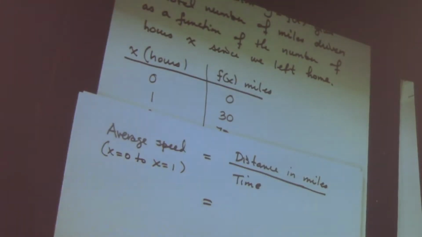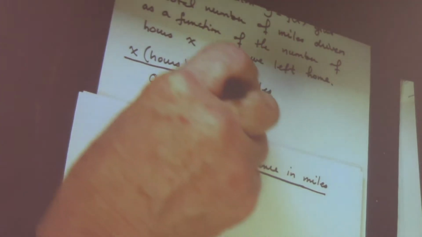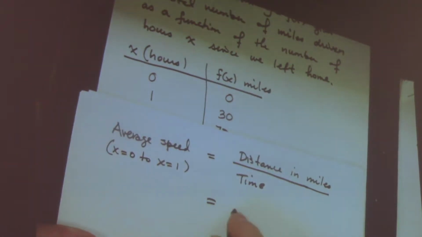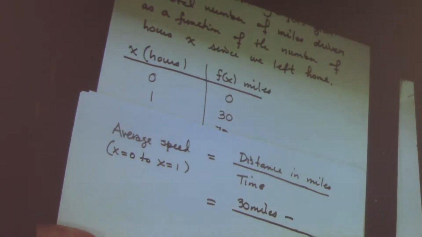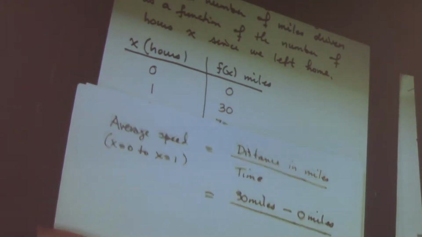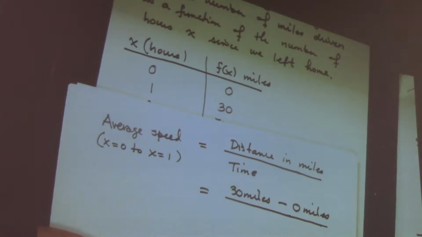Now, during the first hour, how many miles were we able to drive? 30, right? We had driven 0 miles at the beginning, and then after 1 hour, we had driven 30 miles. So our total distance is, I'm just going to write this, 30 miles minus 0 miles, which is, of course, 30 miles.